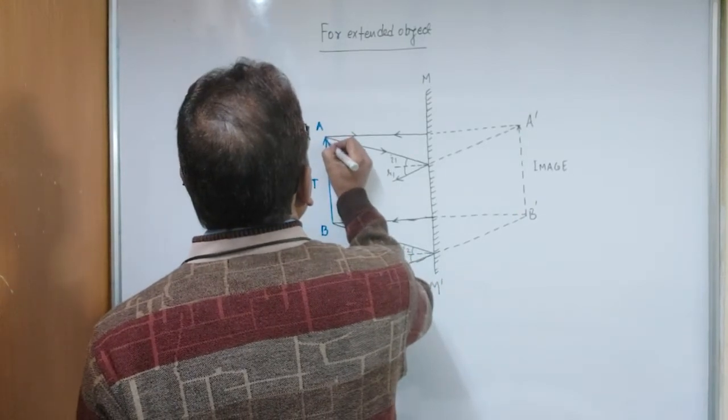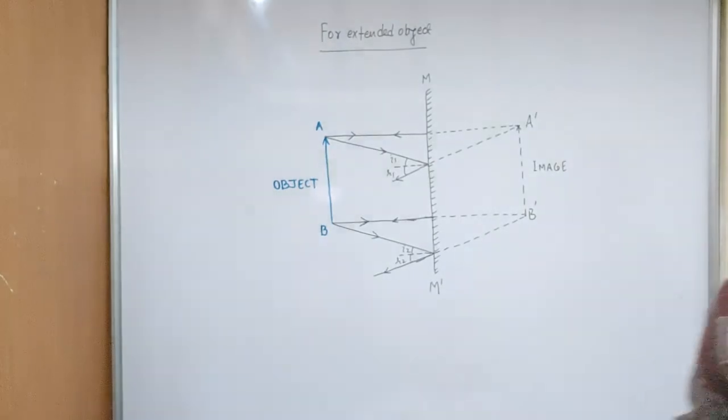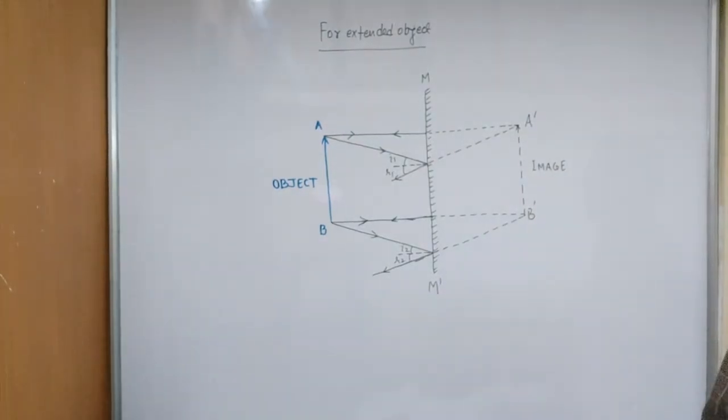With a scale you draw the straight lines and must put arrows. Arrows are very important. They show the direction of light, in which direction light is traveling.